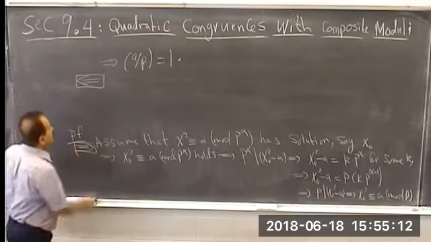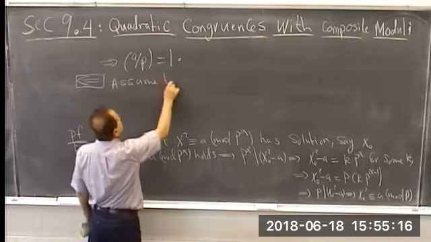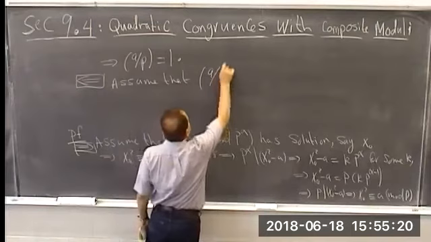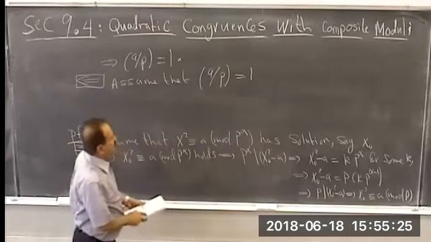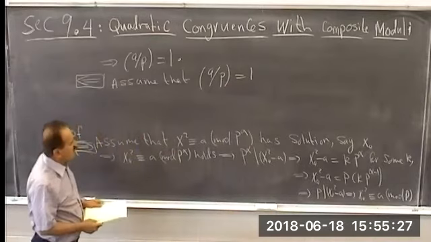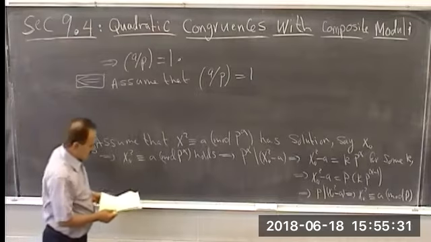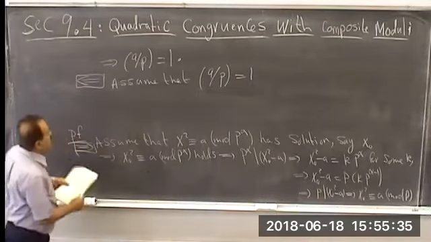All right. So here let's assume that the Legendre symbol (a/p) is equal to 1, and we want to show that the congruence x squared congruent to a mod p to the alpha has a solution.